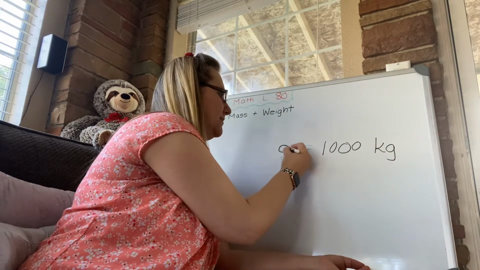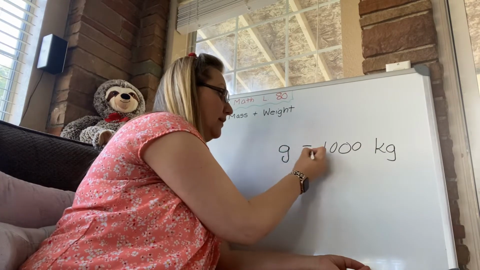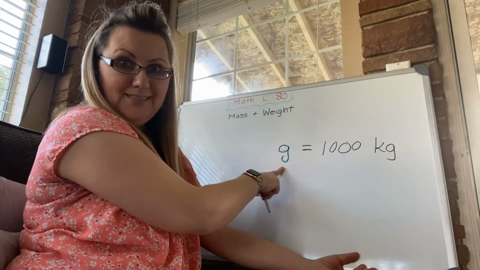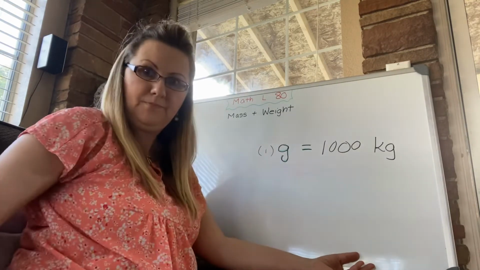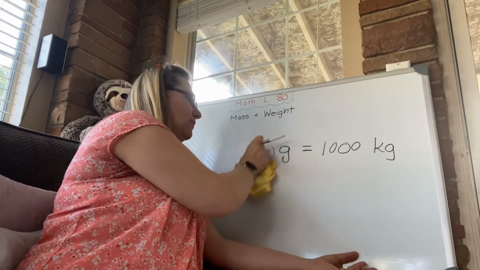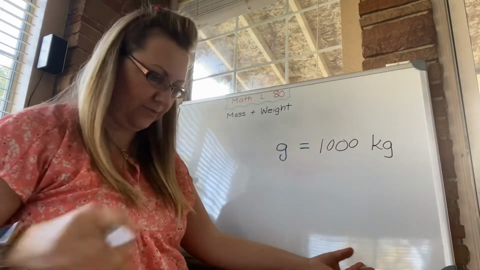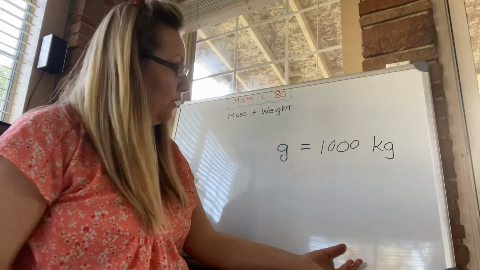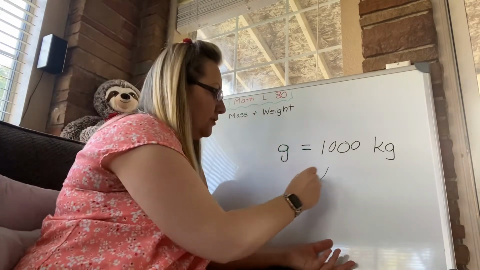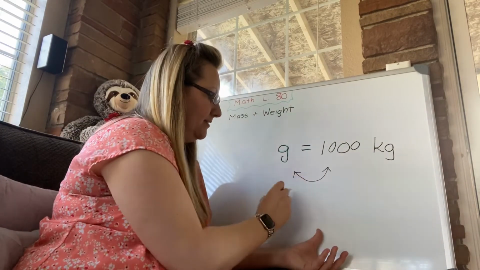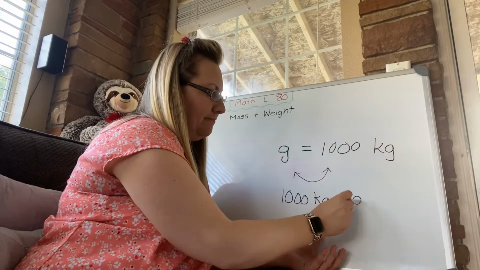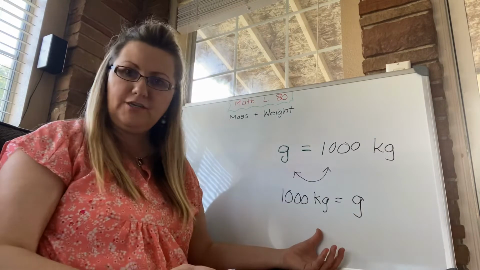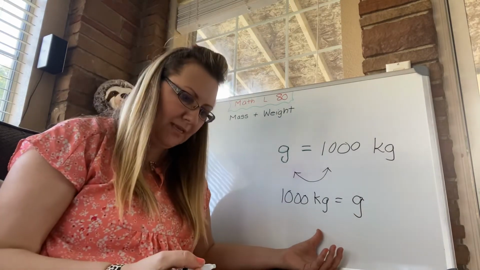So gram, which is the same as 1 gram, equals 1,000 kilograms. We could leave it just like that, or we can switch it and simply say 1,000 kilograms equals a gram. Doesn't matter which way you read it first, it means the same thing.